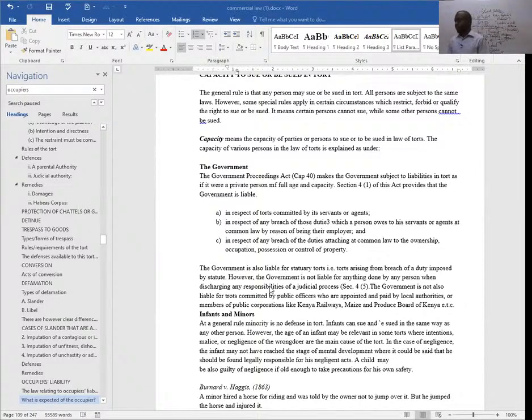You can't compare a child of 12 years and a child of 3, 4 or 5 years. Those ones are not quite mature enough to understand most of the things. So the court will look at the circumstances as to whether this particular infant can be held responsible or not. But generally, they can't escape from being held responsible under the law of torts.